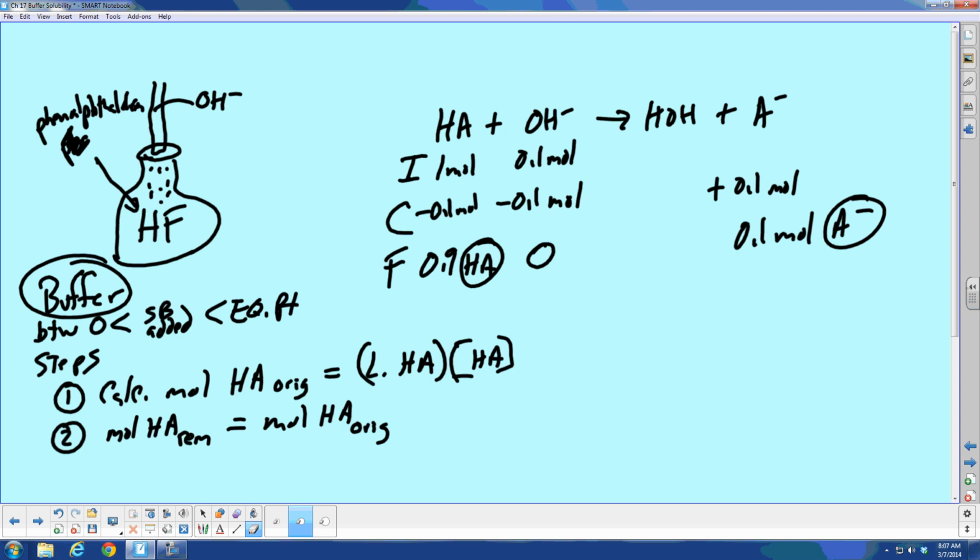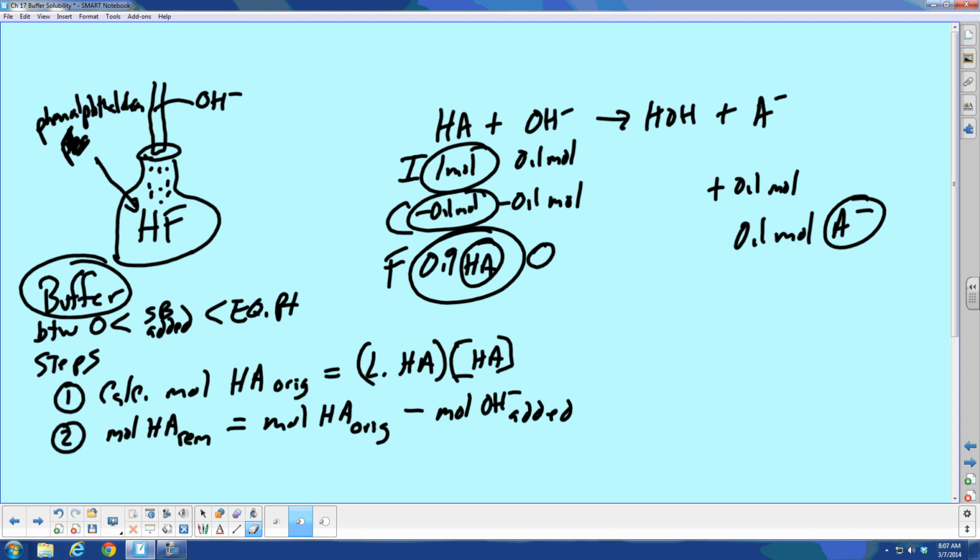We added hydroxide, and that hydroxide reacted, right? So we're going to then subtract the moles of hydroxide added. Does that make sense? Here's my original, here are the moles of hydroxide added, and that gives me the moles of my weak acid which remain. So we take the original weak acid, subtract the moles of hydroxide added.